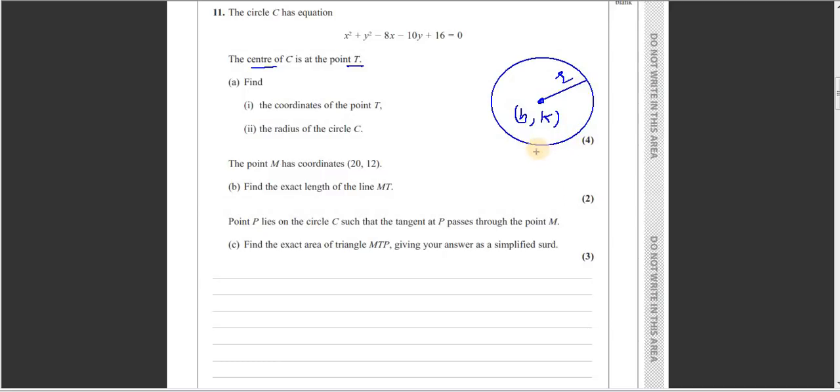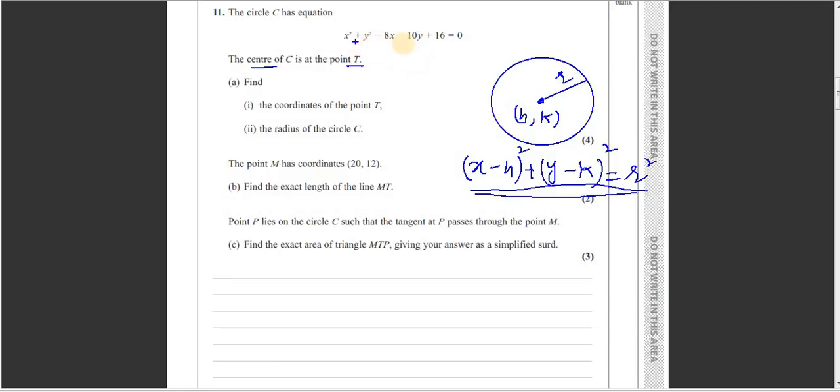In general, we write the equation of the circle as (x − h)² + (y − k)² = r². This is called the standard equation of the circle. Remember, standard equation. And this question is one of the typical questions from the circle topic.